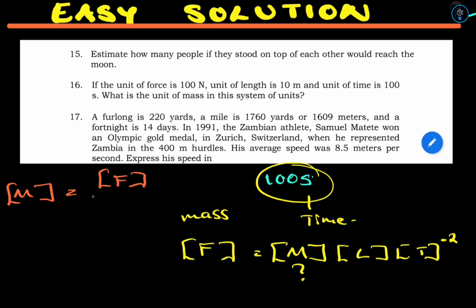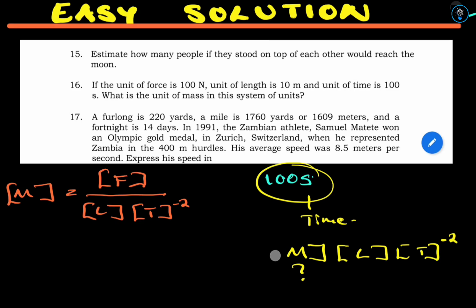But I'll do it this way because it's easier. From there we divide by L, and divide by T to the power negative 2.